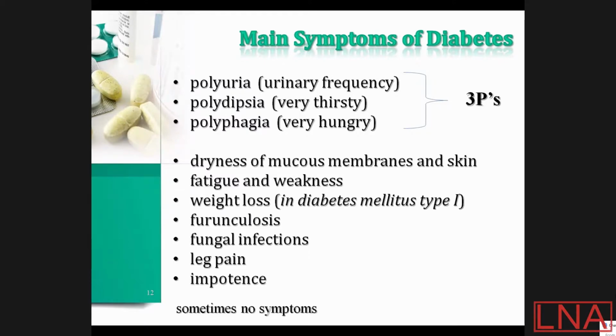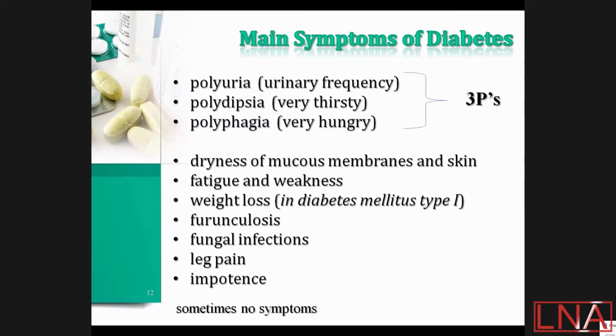Next thing, symptoms of diabetes. So how could you diagnose it, and how should you know your patient has diabetes? First of all, the main symptoms, the three P's, are polyuria, polydipsia, and polyphagia. I suppose you know these terms from internal diseases or from therapy.